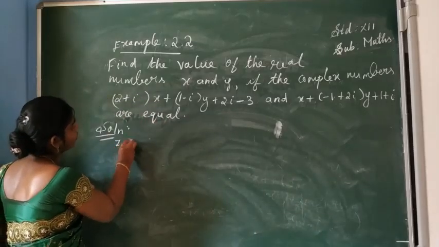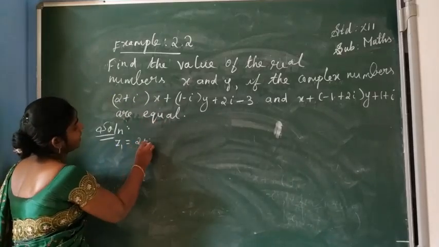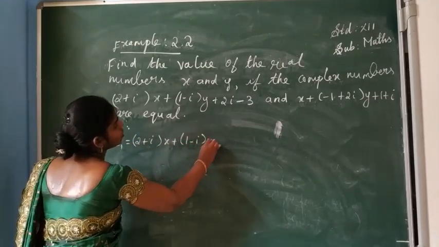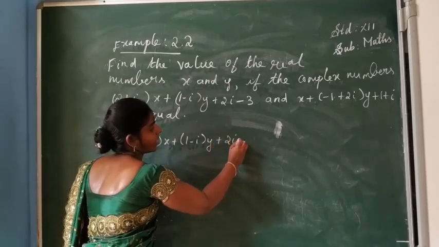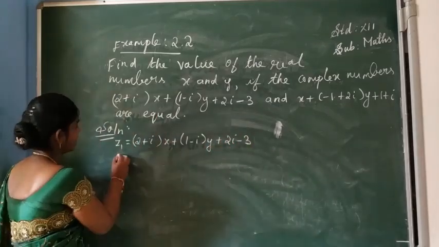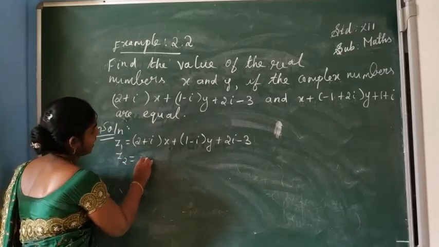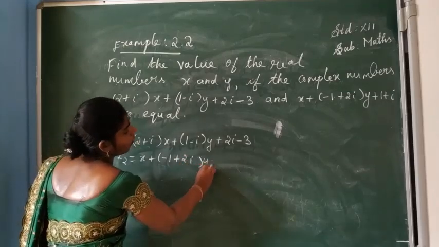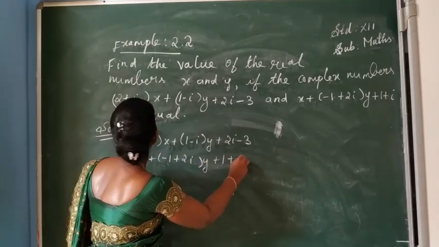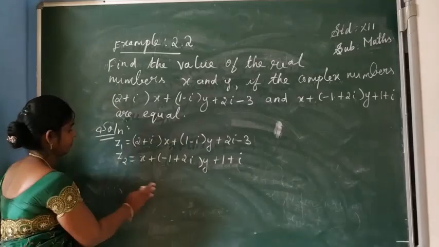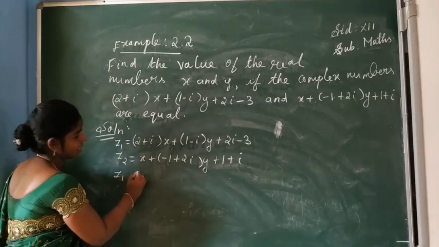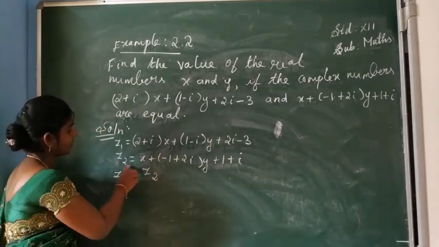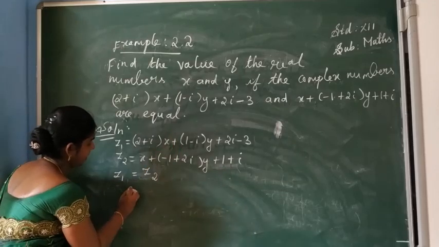So z1 equal to (2 plus i)x plus (1 minus i)y plus 2i minus 3. z2 equal to x plus (minus 1 plus 2i)y plus (1 plus i). So z1 is equal to z2.